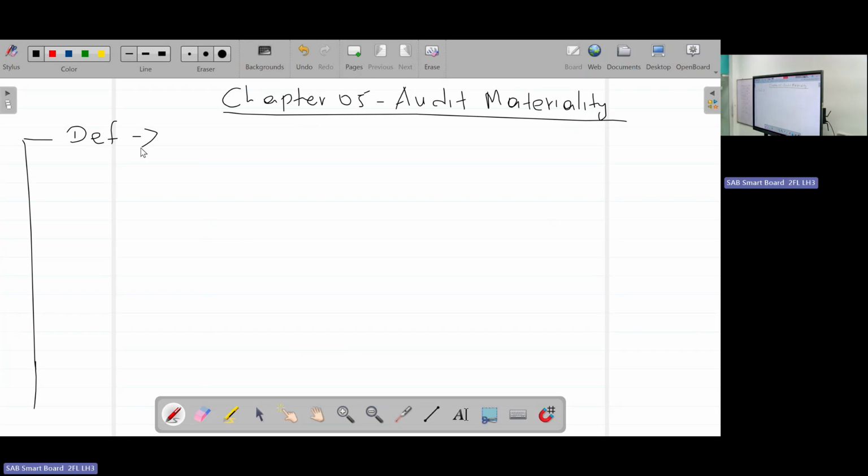If you want to write the answers for case-based questions, first of all, you should know about the case. Number one, what is meant by materiality? Why is materiality important to audit?